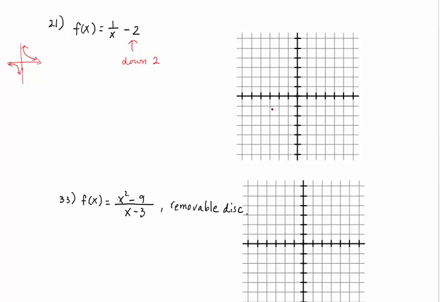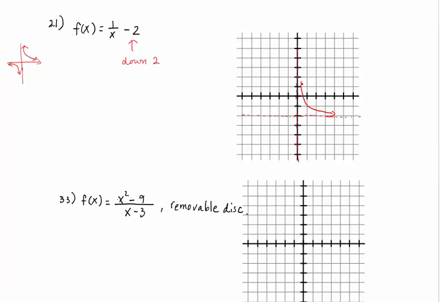That means my horizontal asymptote is now going to be set at y equals -2. The vertical asymptote is still the same. It's still the x-axis. I'm sorry, the y-axis. That doesn't change.